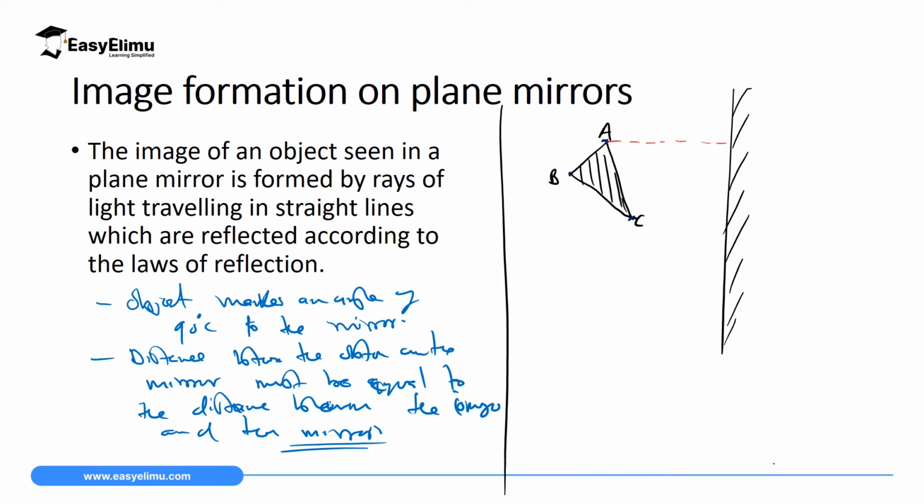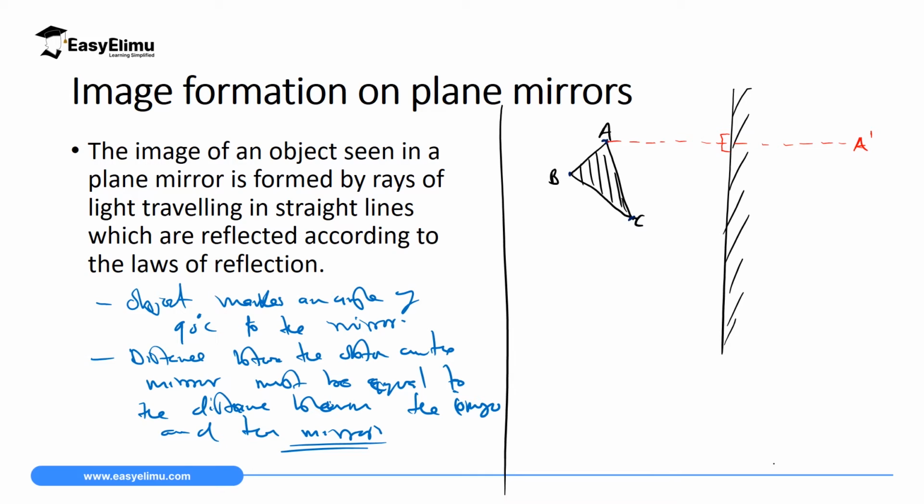So if point A forms 90 degrees to the mirror like that, then we have also said the image will be the same distance behind the mirror. So in this case, the distance of point A behind the mirror will be the same as in front of the mirror.